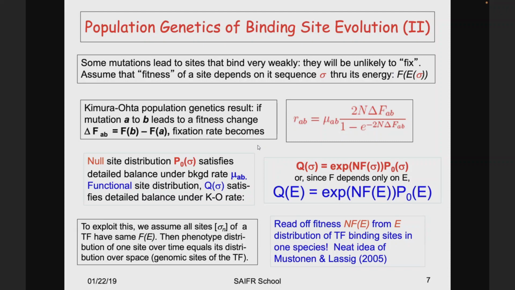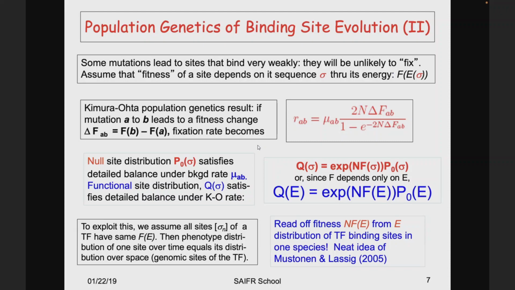Okay, we have a hypothesis, and the hypothesis is that the fitness only depends on the energy. And the energy depends on the sequence. The binding energy depends on the sequence, and we know how it depends on the sequence.